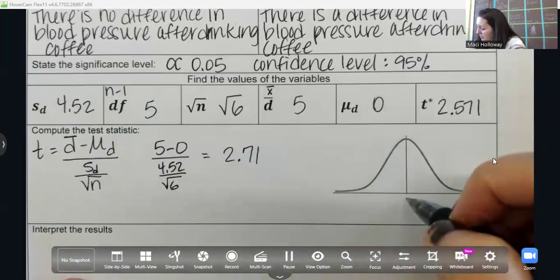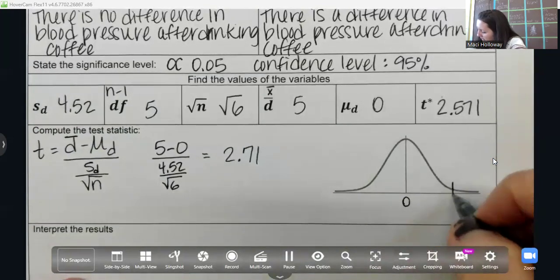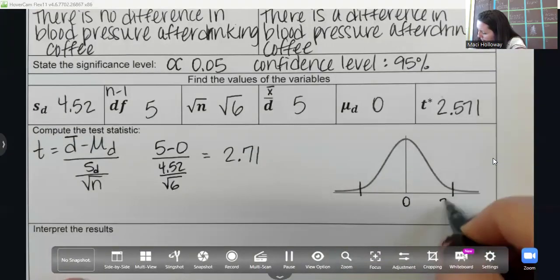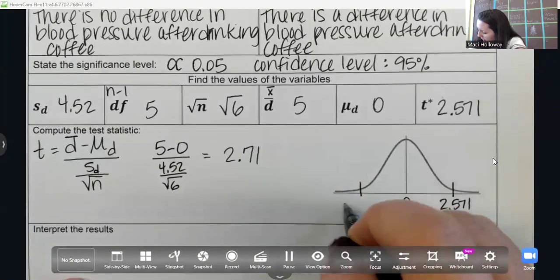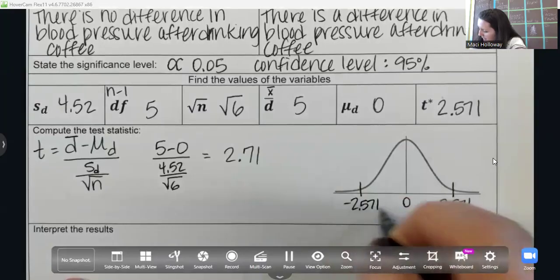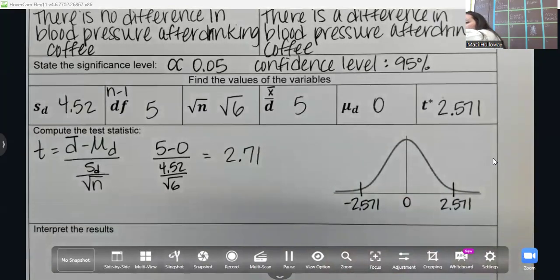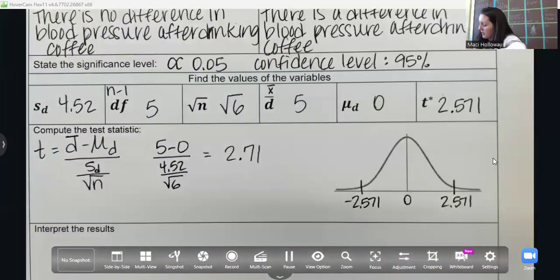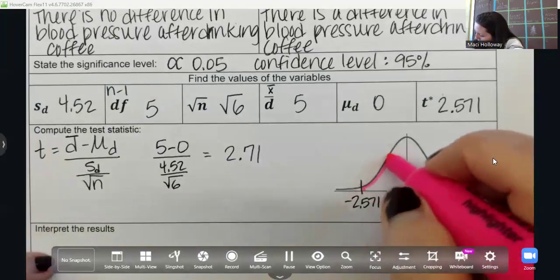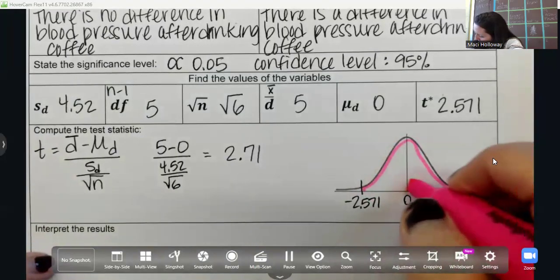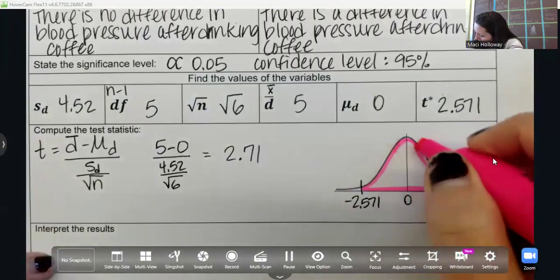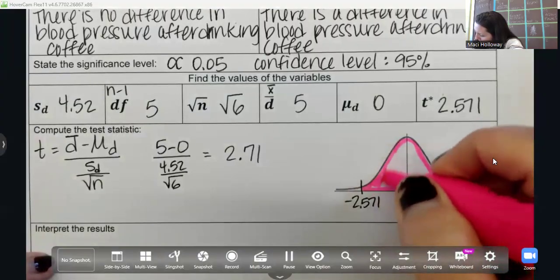So we know that in the middle we have 0, and then my boundary lines are 2.571 and negative 2.571. So remember, our fail to reject region is in here in the curve.